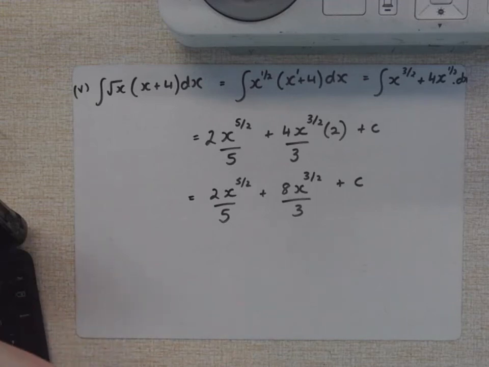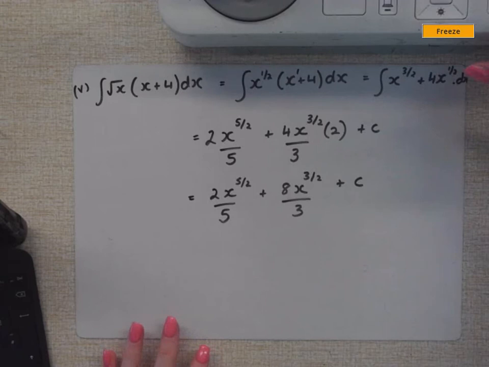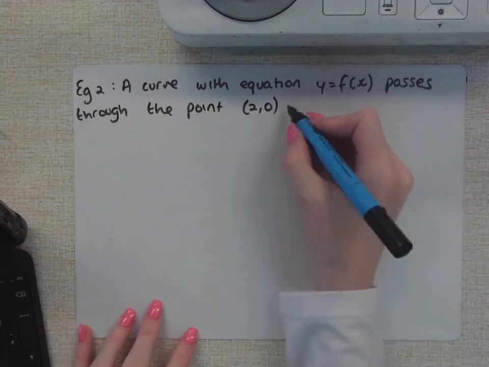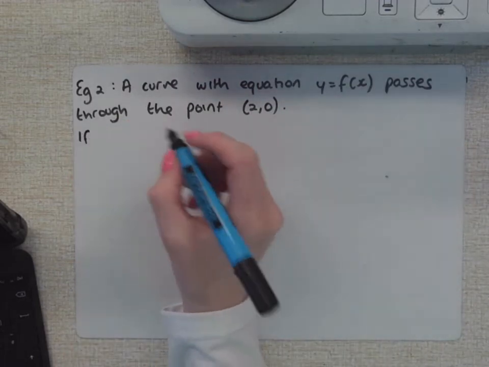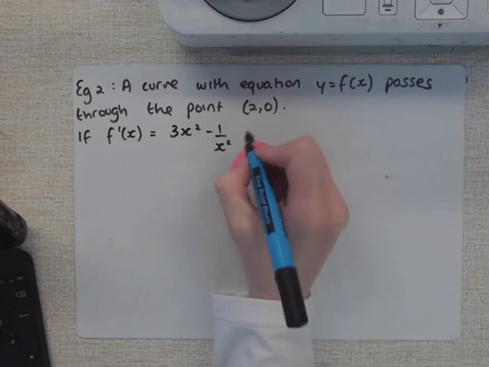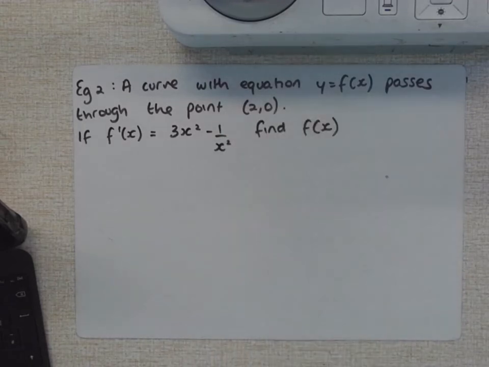And we'll just do one where we're going to find the c. So example 2. So f of x passes through the point 2, 0.